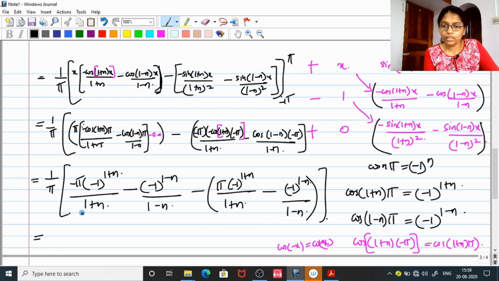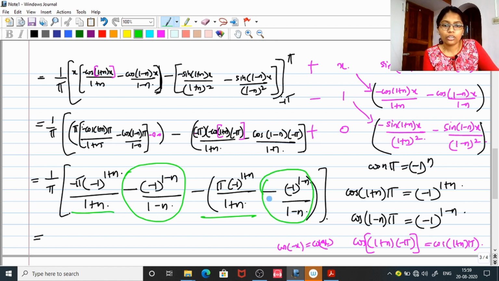Now please check out this negative pi into negative 1 raised to 1 plus n by 1 plus n, and here also the same quantity expression. And here you can see negative of 1 into negative 1 raised to 1 minus n by 1 minus n, and here also negative of 1 into negative 1 raised to 1 minus n divided by 1 minus n.